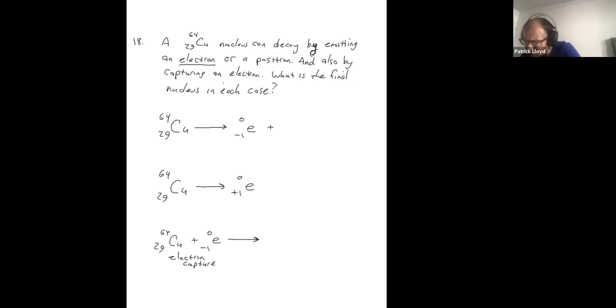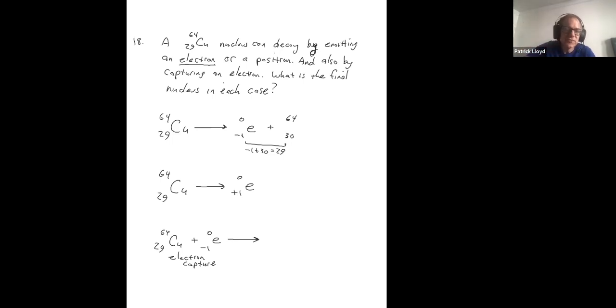Okay, so let's go through them one by one. Let's do the charges first. 29 is equal to -1 plus something. Okay, well, that would be 30. -1 plus 30 is equal to 29, right? So that's got to be a 30 there. 64 equals 0 plus 64, right? Hopefully that makes sense.